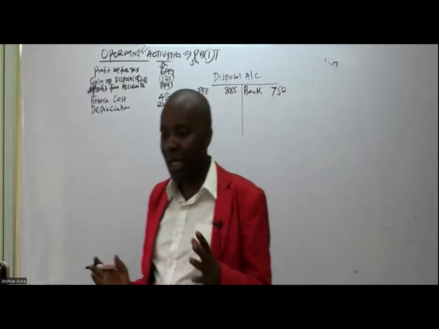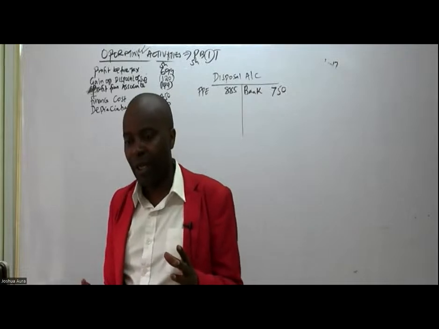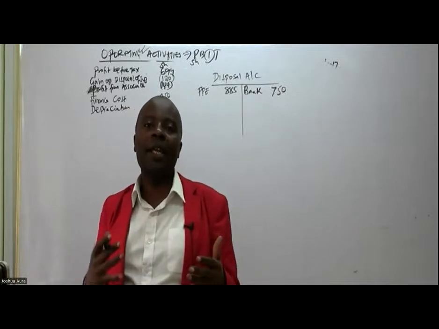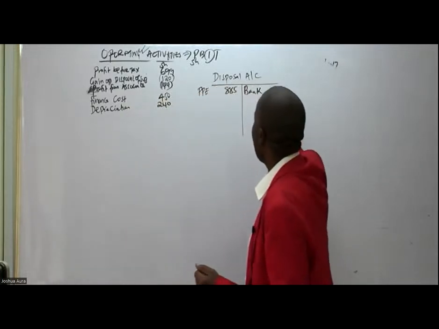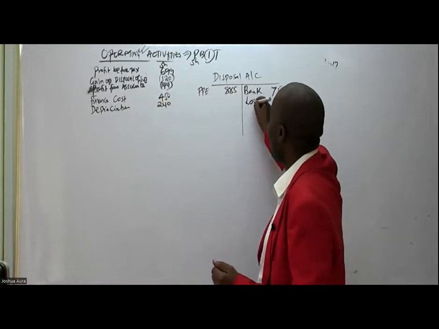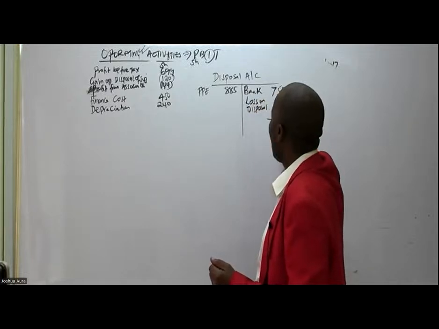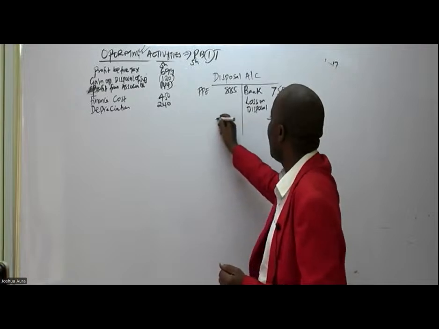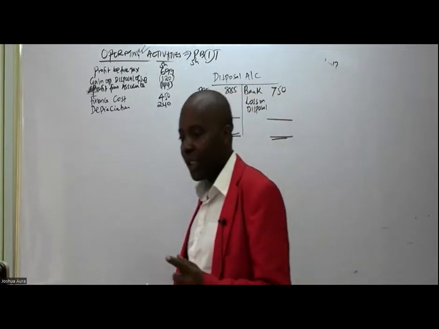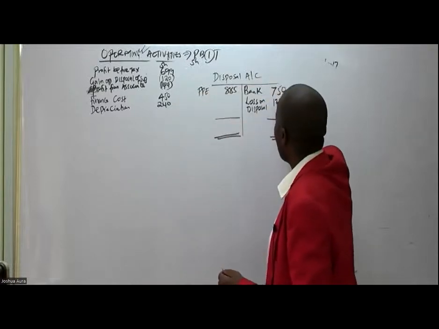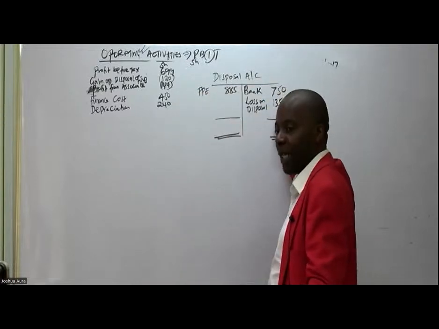So the difference will be a gain or a loss, depending on where the item appears. I can see the balancing figure comes here. That must be a loss on disposal of 135, my brothers and my sisters. It's a loss, so I credit this account and then I debit the P&L.